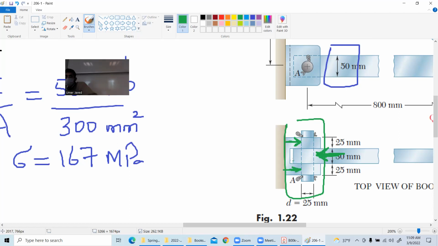It's a static structure, right? So I will now put 40 kilonewton like this, and I will put 20 kilonewton here, and I will put 20 kilonewton here. Is it clear? 40 acting on the pin. It has a bracket. So of course, that fellow has 20 on it and this fellow has 20.